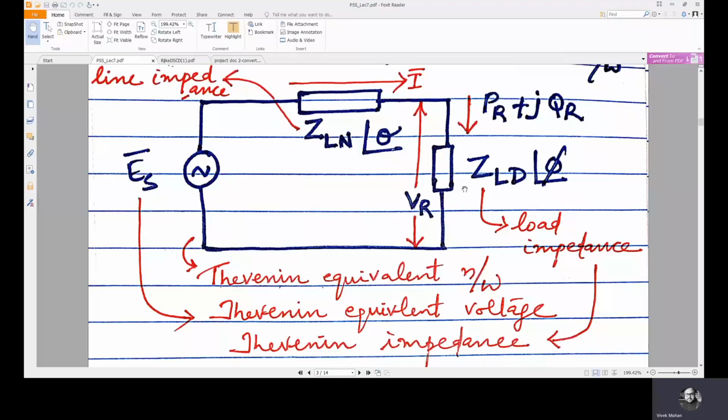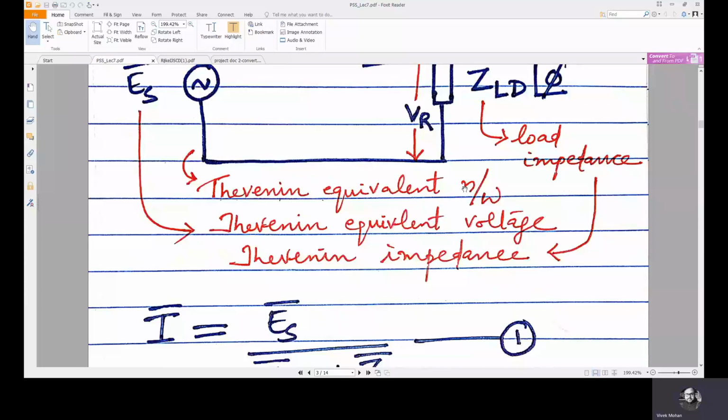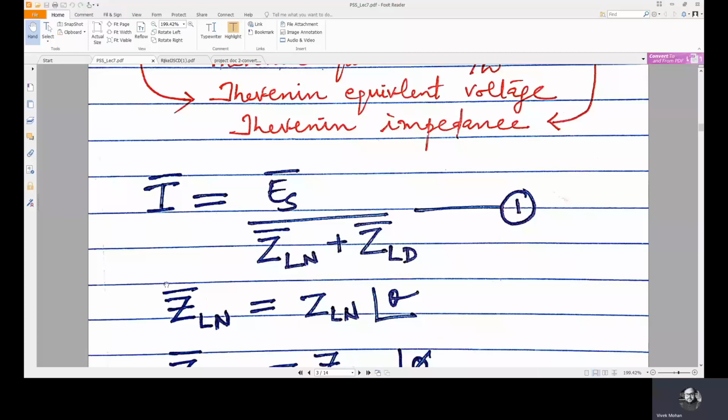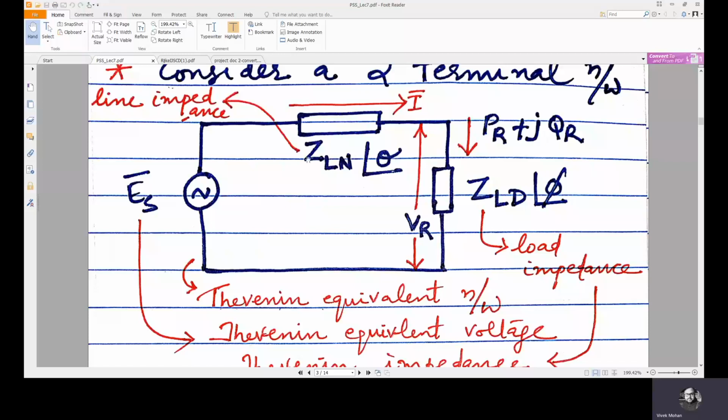Now let's see the expressions for voltage and current. So let's see the expression for current first. Current equals ES divided by line impedance plus load impedance. ES is the sending end voltage. Now the line impedance can be represented in polar form as ZLN angle theta. It is already given here.